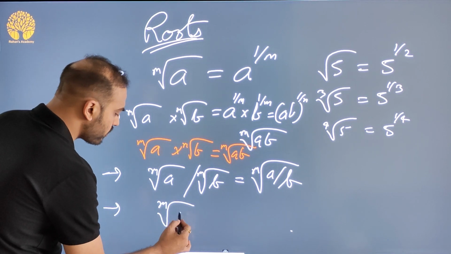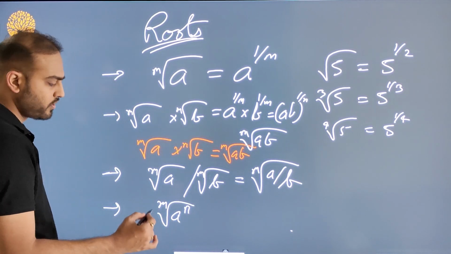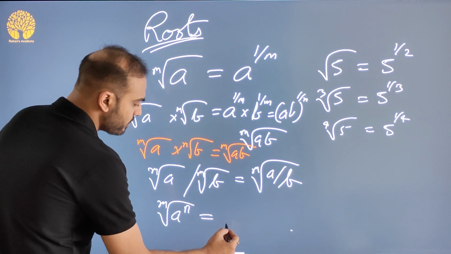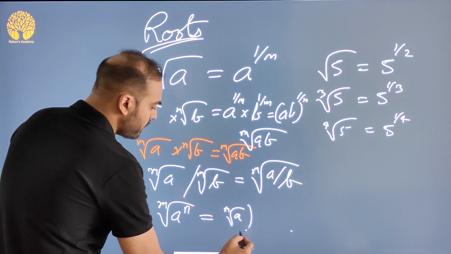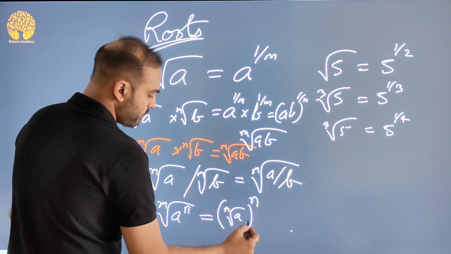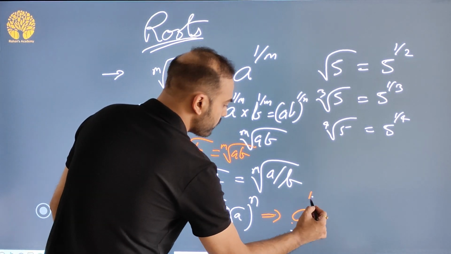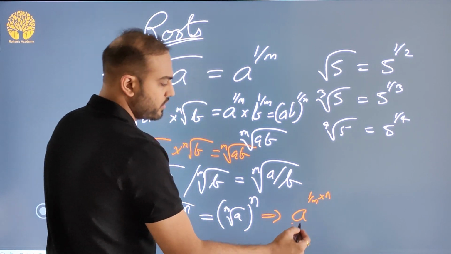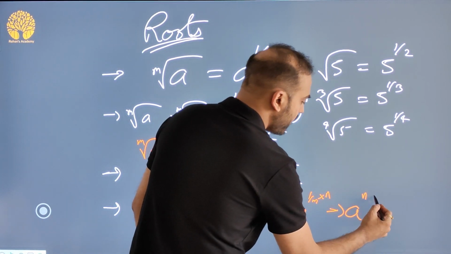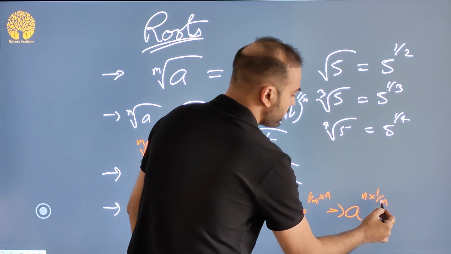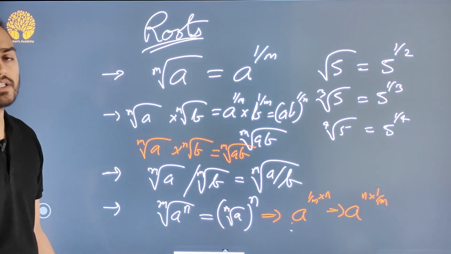Say the mth root of a power n can be written as the mth root of a whole power n, right? Both are simply a power 1 by m into n, which is a power n into 1 by m, right? So both are essentially the same.